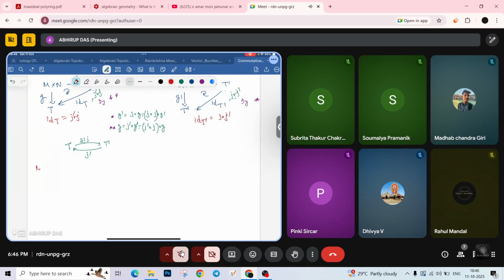Now the notation. We denote this T by the tensor product, and the element m comma n plus d belonging to T is denoted by the tensor symbol.